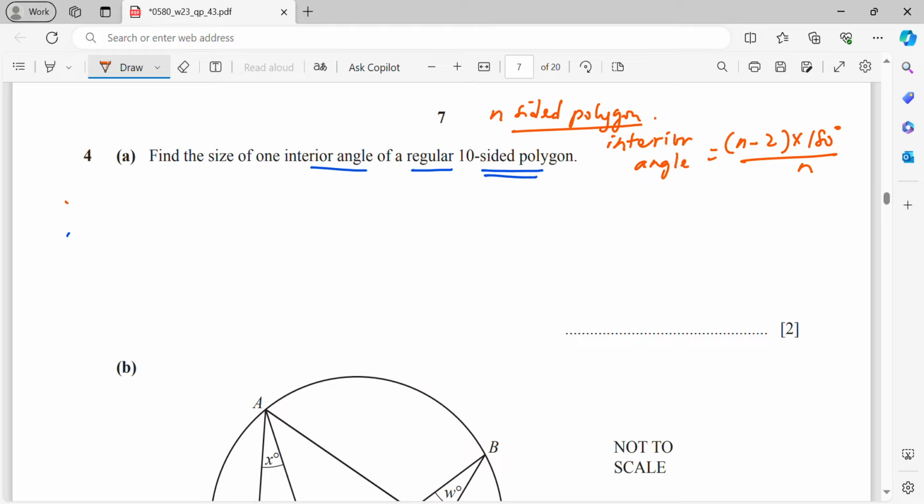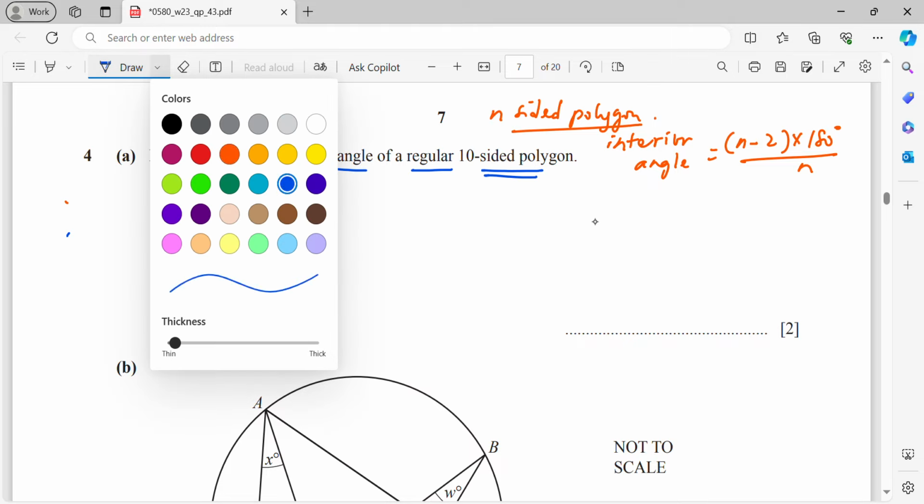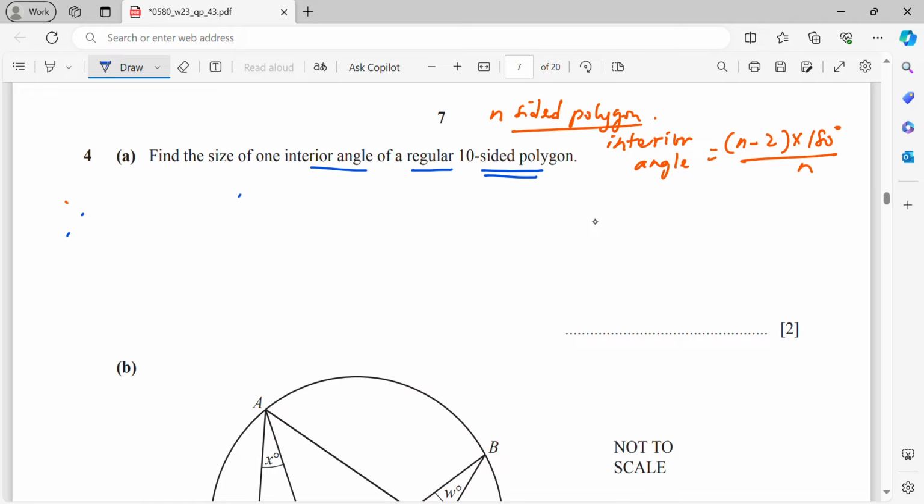So now your n is 10. Therefore, it will be (10 minus 2) times 180 degrees divided by 10. Then at last, you will be getting 144 degrees.